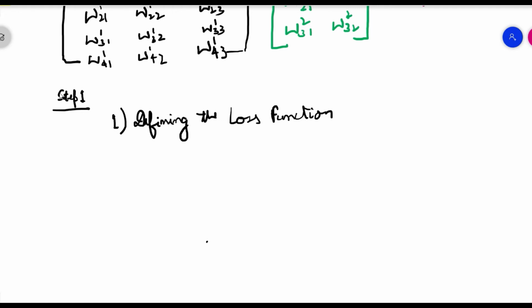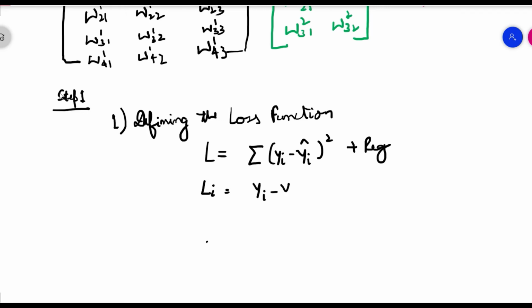The loss function will look like sigma of (yi minus yi cap) whole square plus the regularization part. And the loss at any specific point in our data set will be equal to the loss at that point.